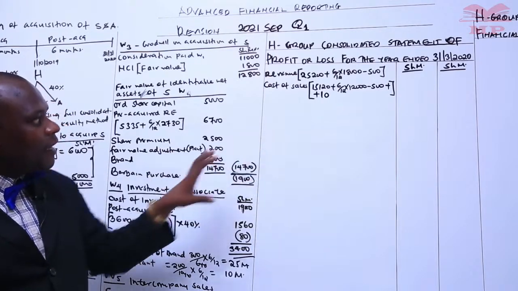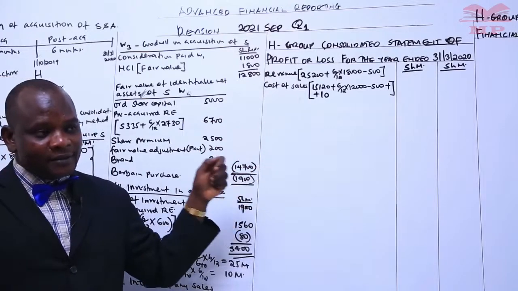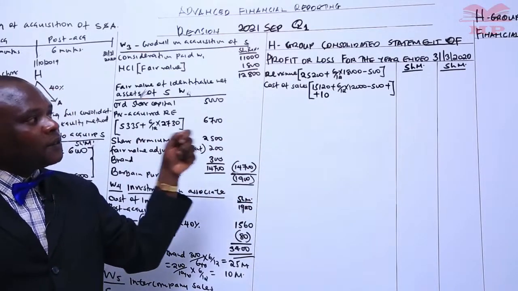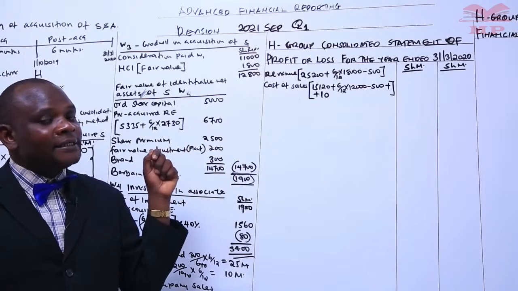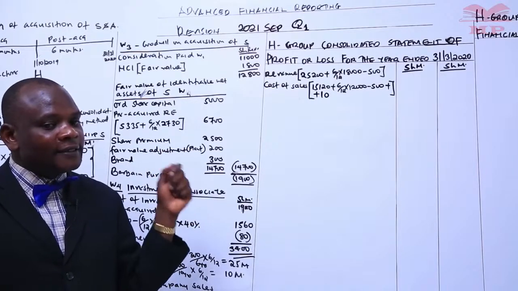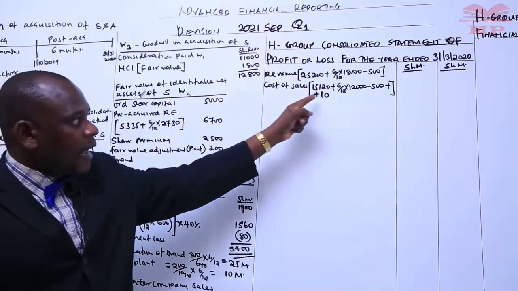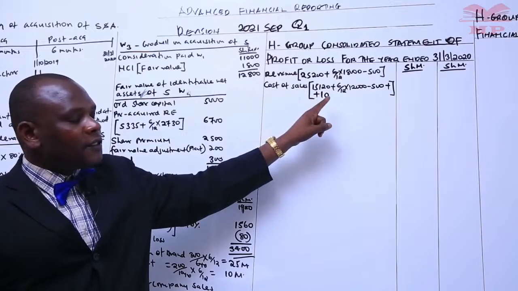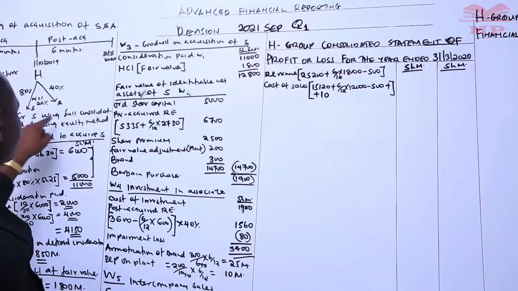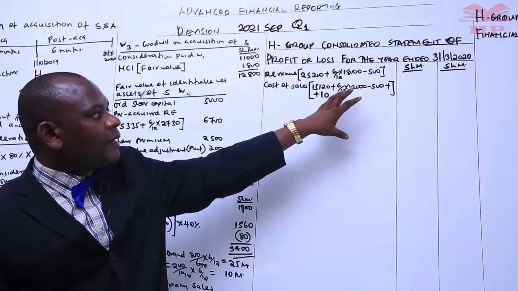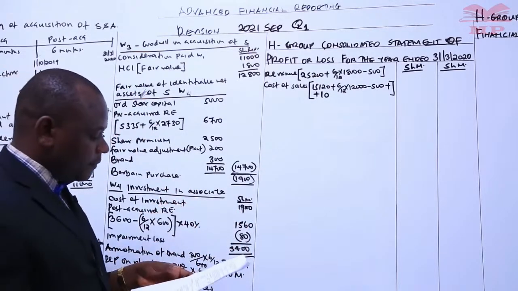But in the event that the associate sells goods to H, then when consolidating the income statement and statement of financial position, you must eliminate the unrealized profit arising from that upstream transaction. I'm accounting for S using the full consolidation method, which means I'm aggregating similar items and eliminating common items accordingly.